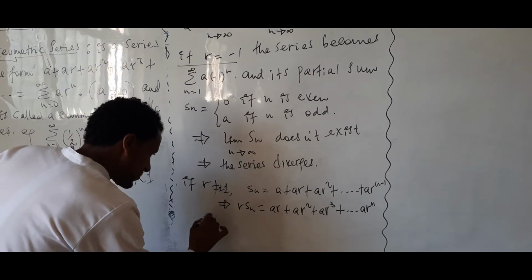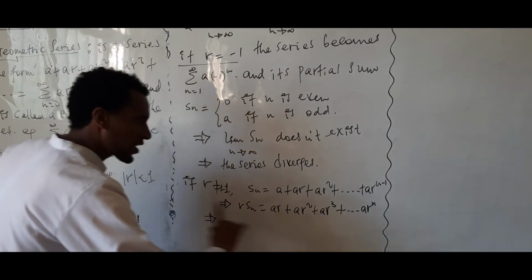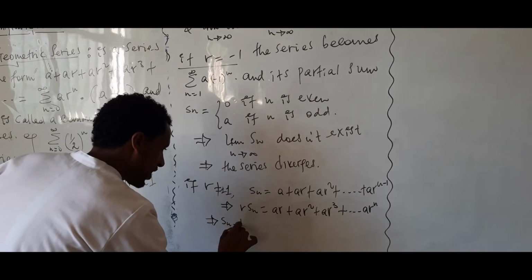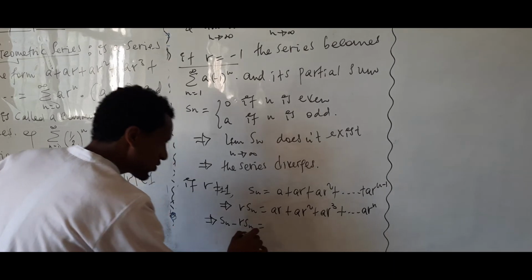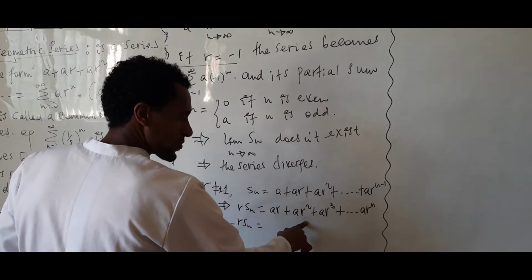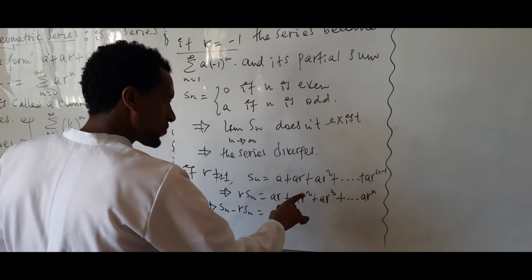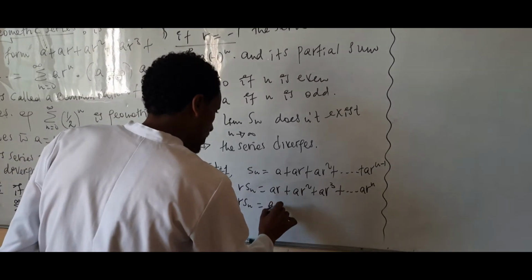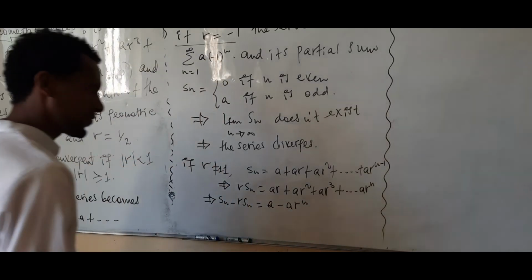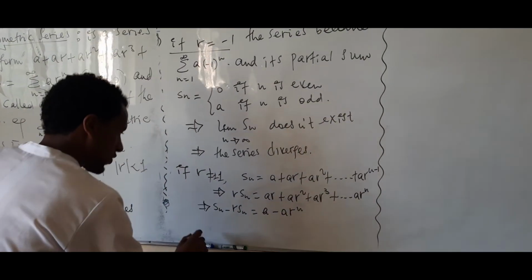This implies Sn minus r times Sn is equal to this minus this, that is equal to a minus a times r to the power of n.